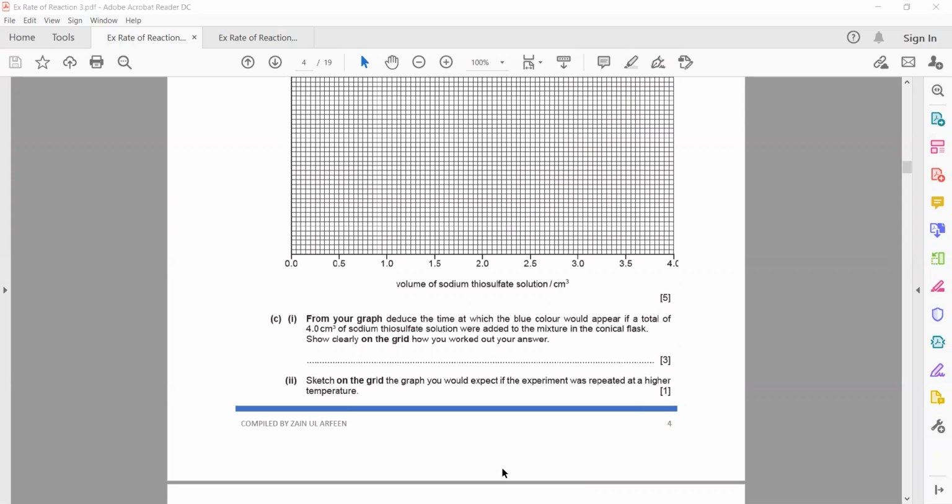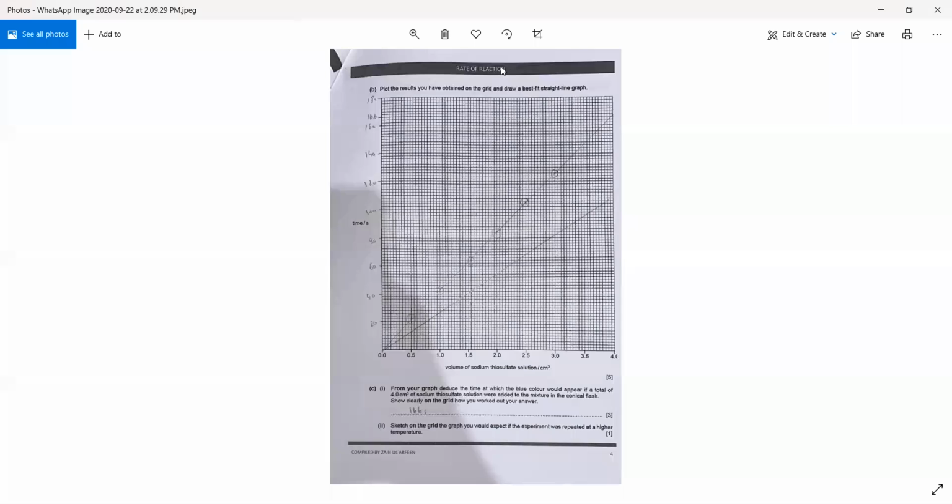In this case, you will draw the best fit straight line. You will neglect the point which appears to be inaccurate. If all the points were accurate, the graph should be like this. This is the correct graph.